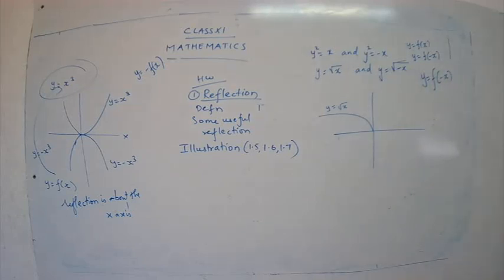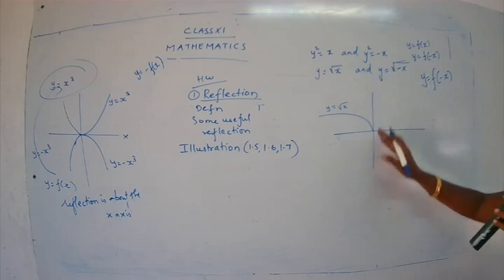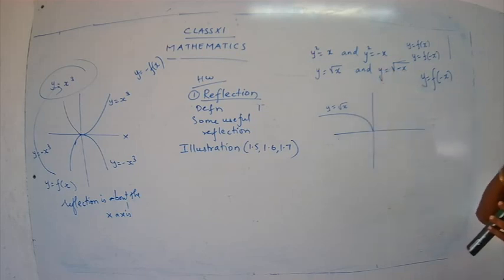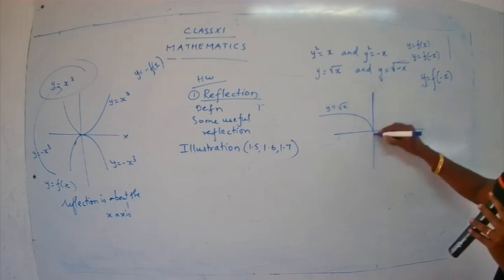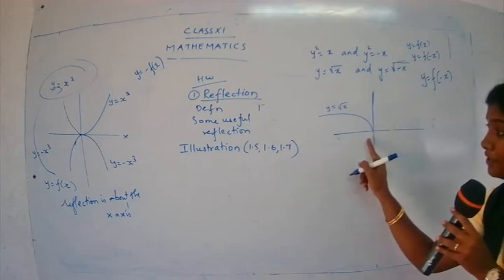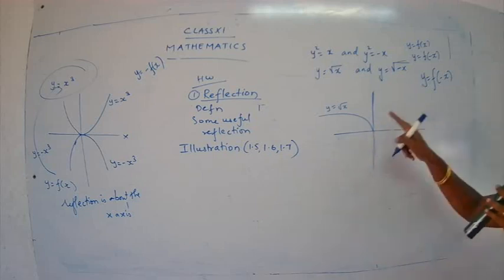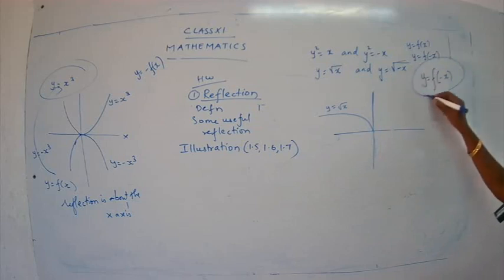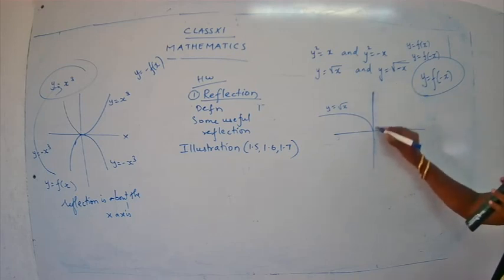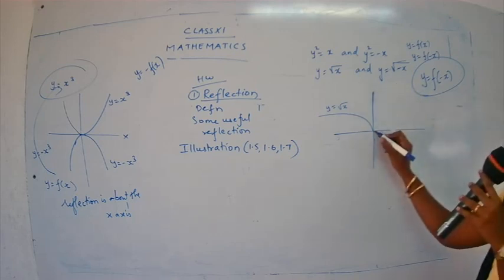So remember, when you have y is equal to f of minus x, the reflection is about the y-axis. Now where is the y-axis over here? Yes, this is the y-axis. So it's not going to be downward. If it comes downward, the reflection is about the x-axis. But now here you have a function of the type f of minus x. So you have the reflection about the y-axis.